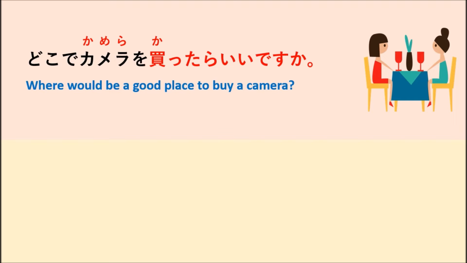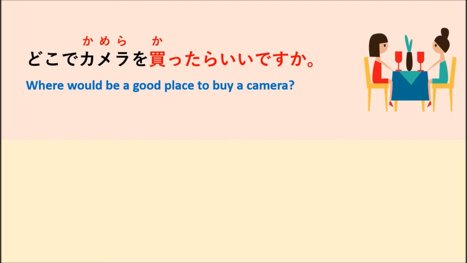So in any situation, depending on the context, you can use tara ii desu ka. Here the situation is that you don't know about cameras, and you don't know which shop sells cameras at a cheap price.